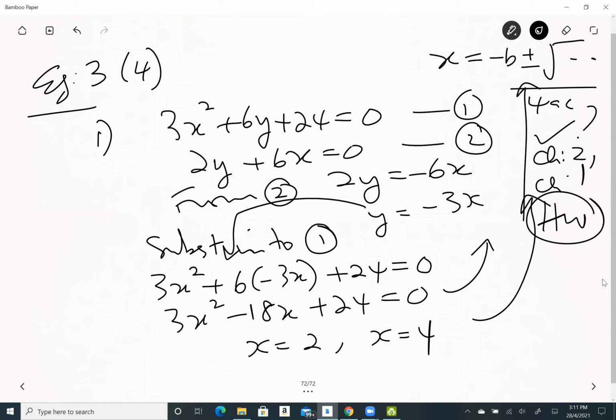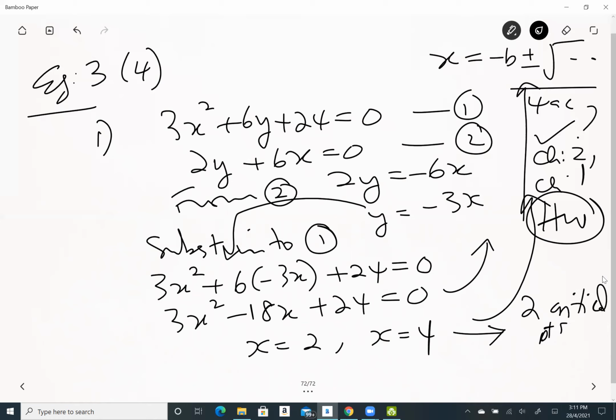Right away getting the calculator, we don't know what we are doing. We know what it is, but we don't know how we get it. But how you get it is also important. So when x equal to 2 and x equal to 4, that will indicate that you have 2 critical points.